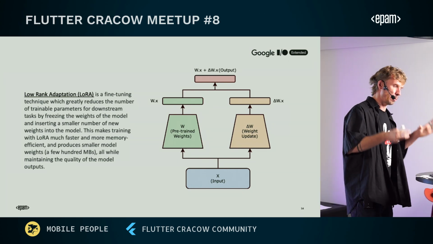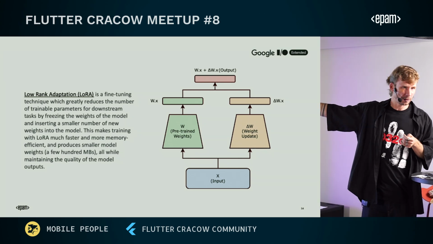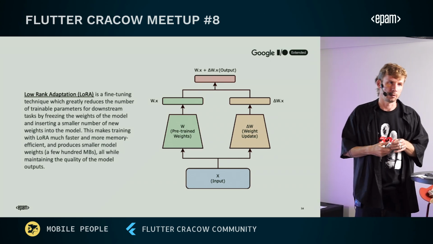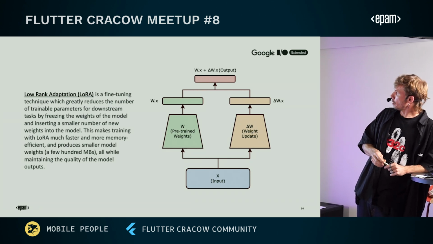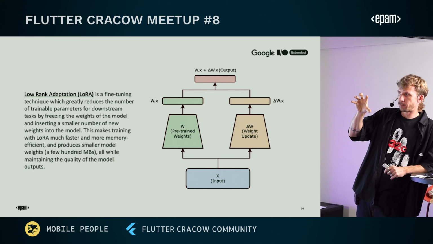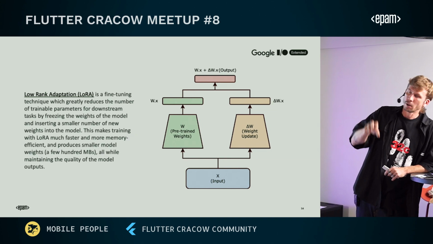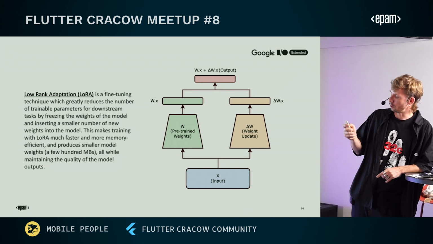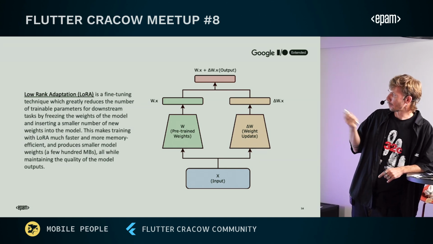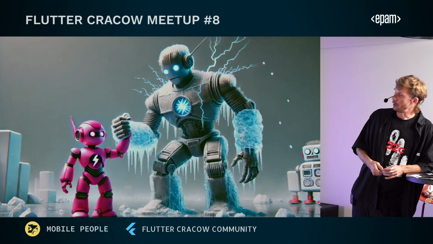So the base pre-trained model. There's a lot of mathematics there. If you're a mathematician, you can check how it works. But in general, it freezes the weights of the main model and retrains on small deltas of additional data from your fine-tuning data.